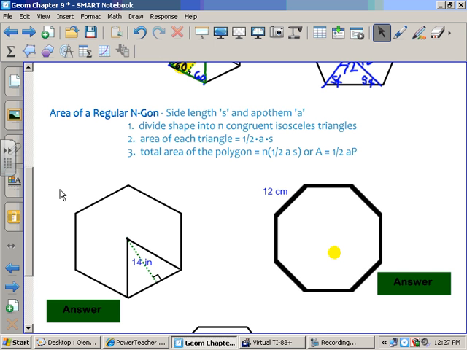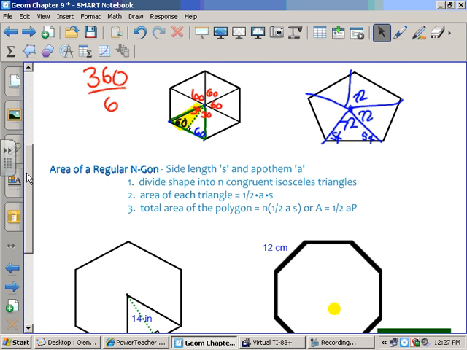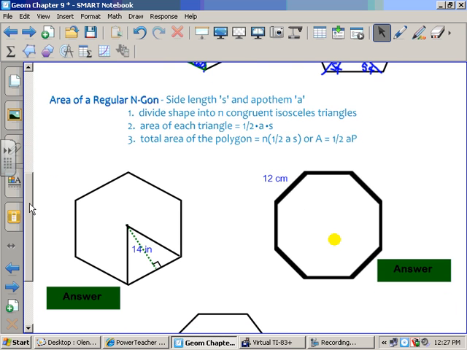What do we calculate up here? Yeah, we calculate the central angles. So I know that that angle is what? 60. Okay, and I know that since it's an angle bisector, this is 30 and 30.